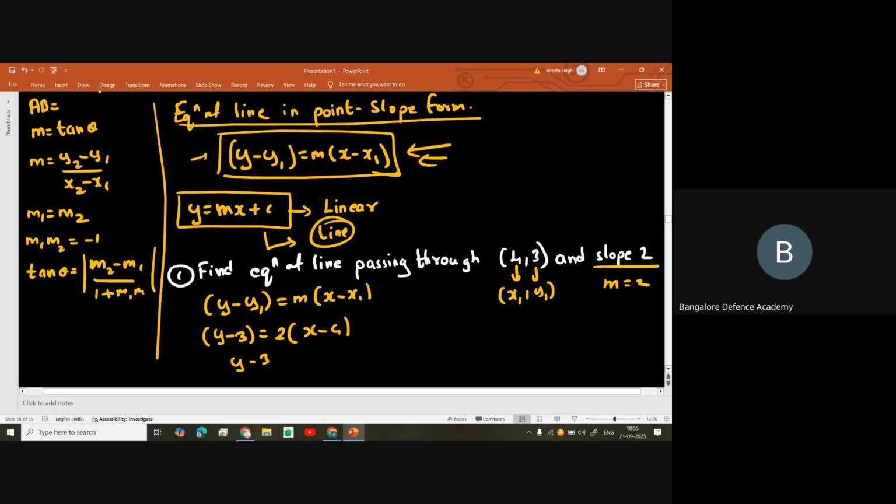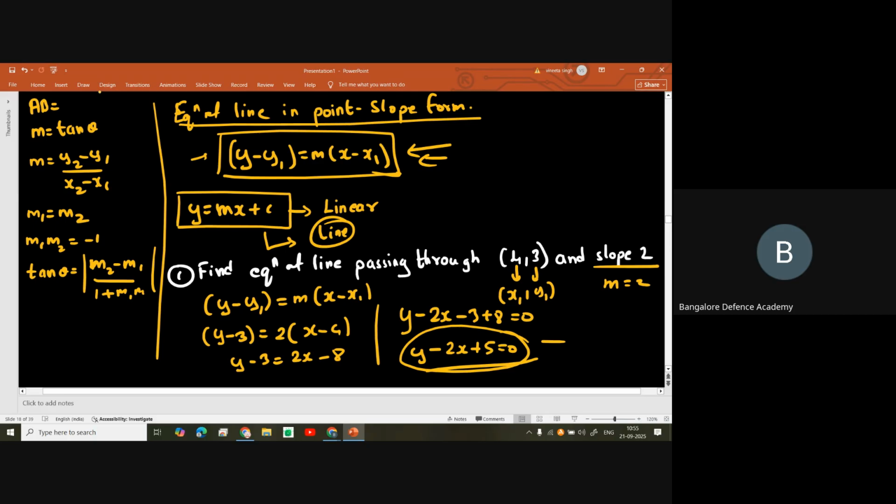This becomes y minus 3 equals 2x minus 8. Taking everything on the left hand side, you get y minus 2x minus 3 plus 8 is equal to 0. The equation will be y minus 2x plus 5 is equal to 0. This is the equation of the straight line. Start doing it now.